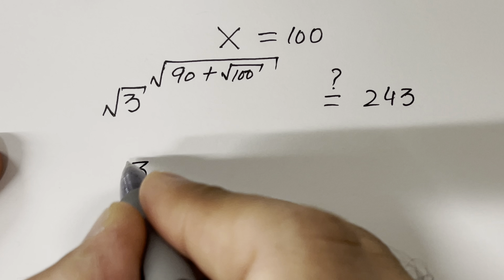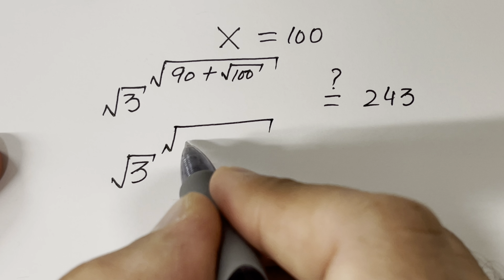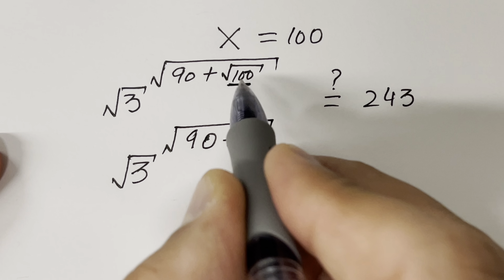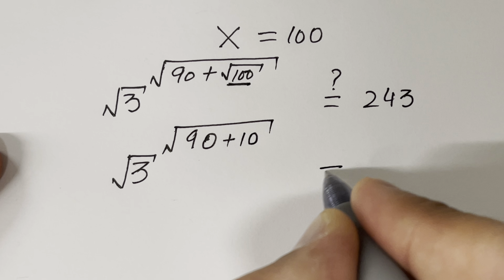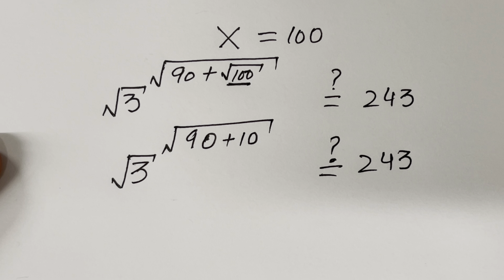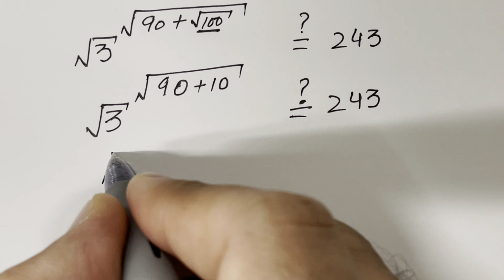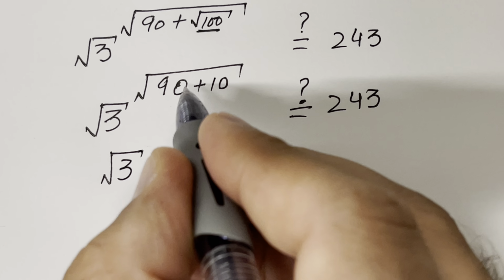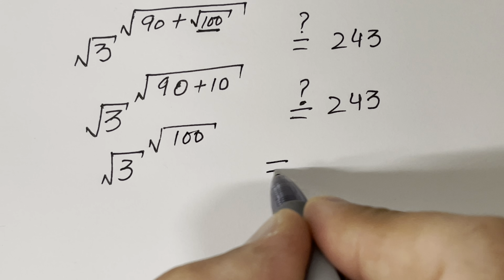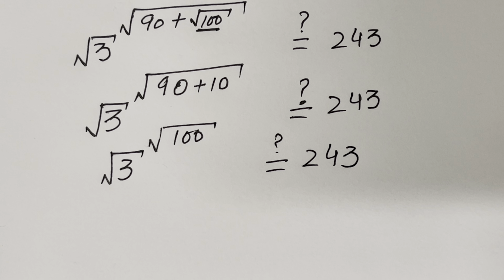We have square root of 3 here, and then square root of 90 plus, what is square root of 100? Square root of 100 is 10, and we want to see if it is equal to 243 or not. And again we have square root of 3 here, and on top of it we have square root of 90 plus 10, which is 100.